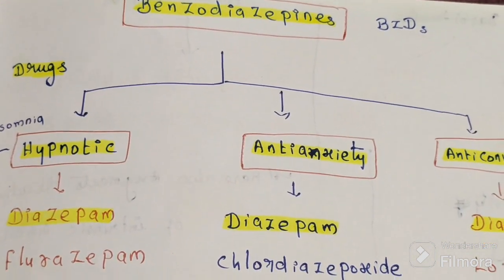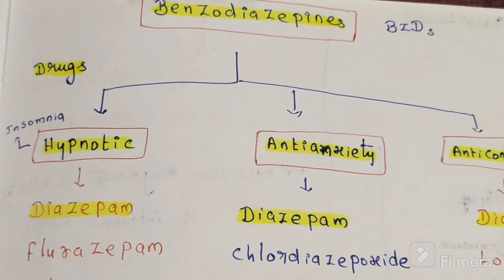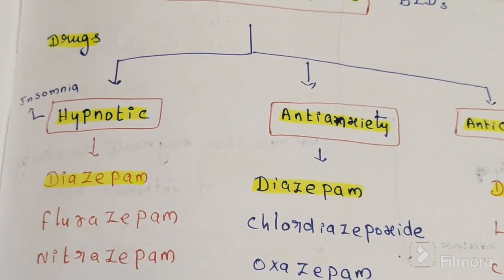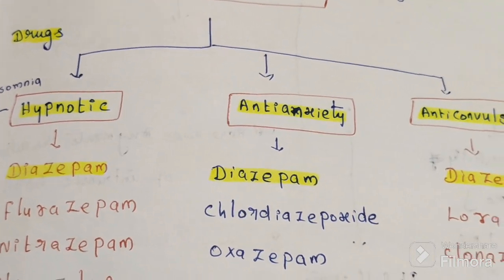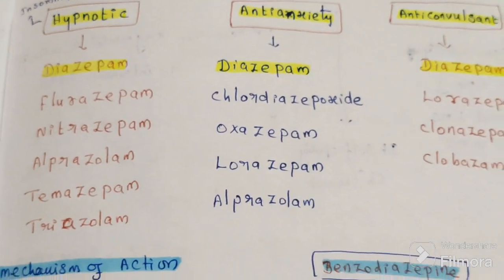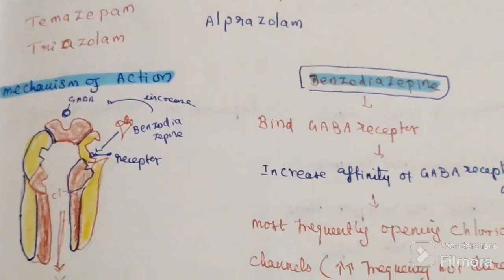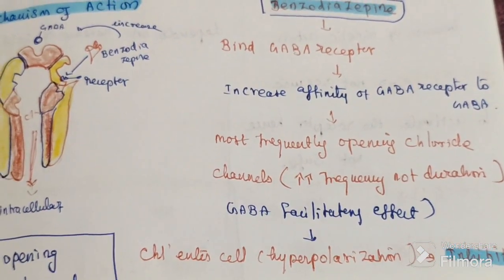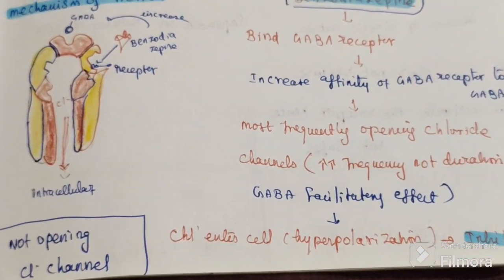So in this video, benzodiazepines are used for insomnia, anxiety, and anticonvulsant purposes. These are the drug lists. Then the mechanism of action is only increasing affinity, not involving mimetic action.